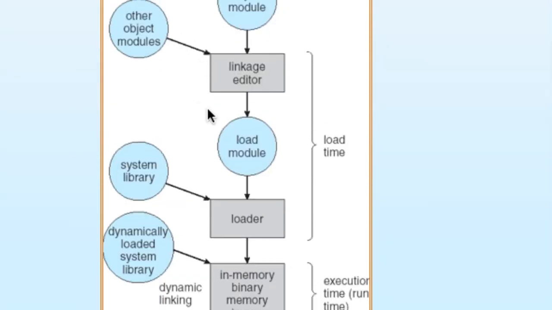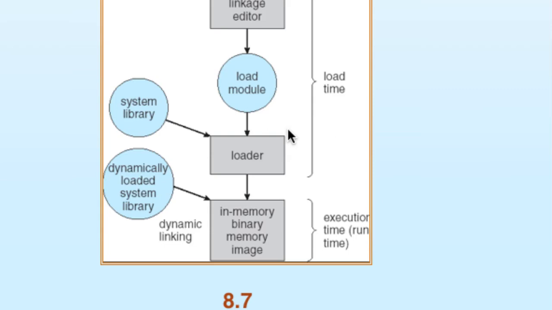So the linker links the objects together at the load time, and then we have a loader. The loader takes the system libraries and all of the different objects and puts everything together for us and loads it all up. What exactly is loading? To load something up is to put it into memory. Essentially, it's being allocated memory.